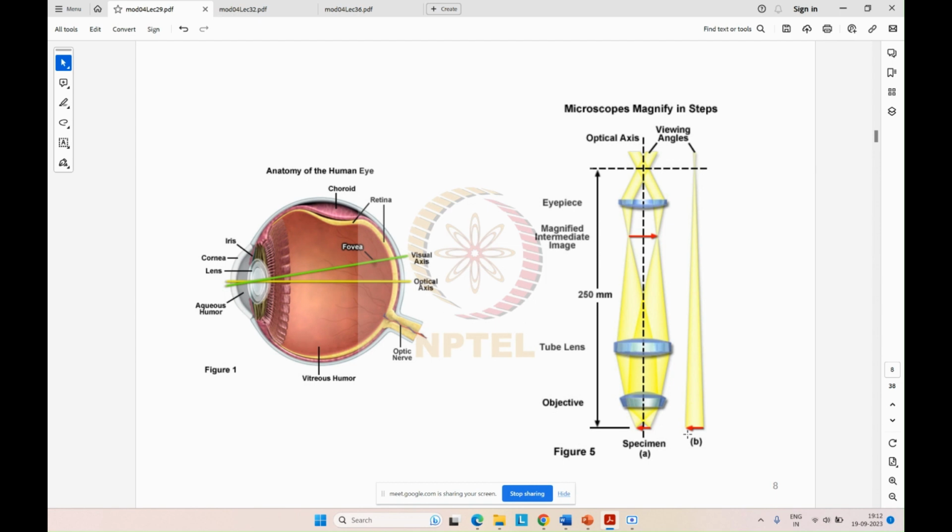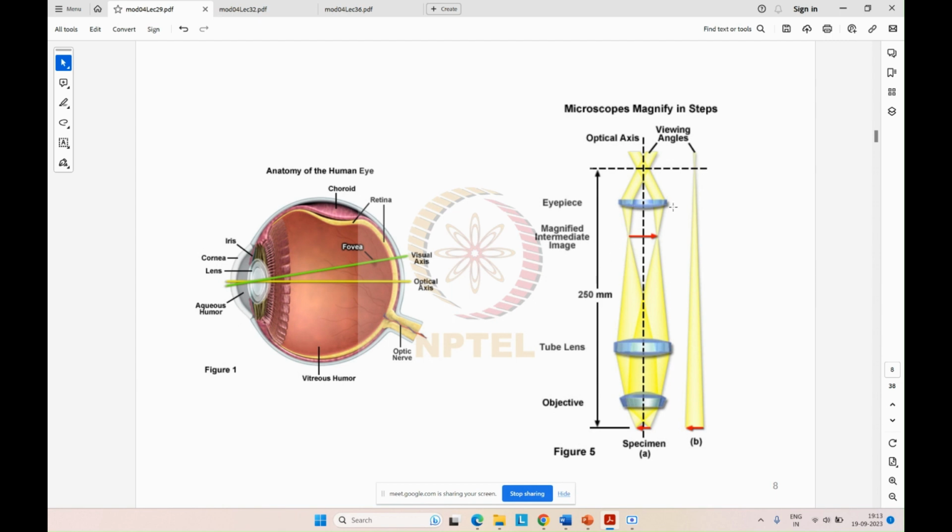In a synthetic light microscope, what you have is an objective which is placed directly over your specimen. There is a tube lens which can either just pass the light that is coming through the objective, or can magnify the image that is coming through the objective.